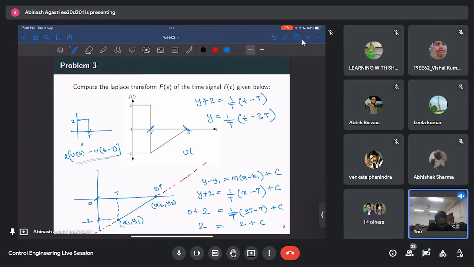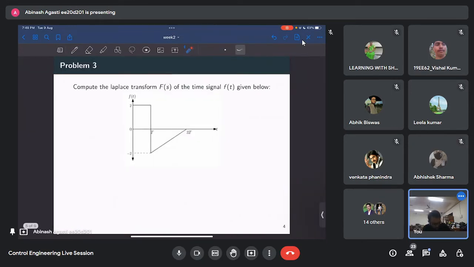So if I multiply this, then this part I can write as u of t minus capital T minus u of t minus 3 capital T. When I write this, the function will just be a pulse of height 1 from t to 3t.